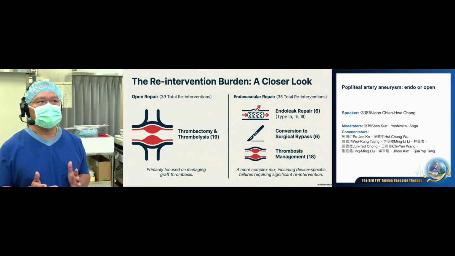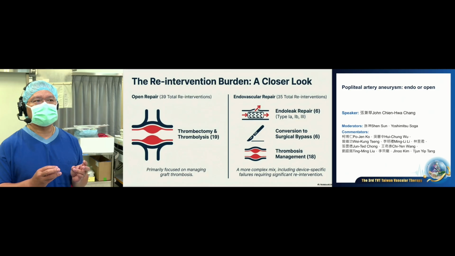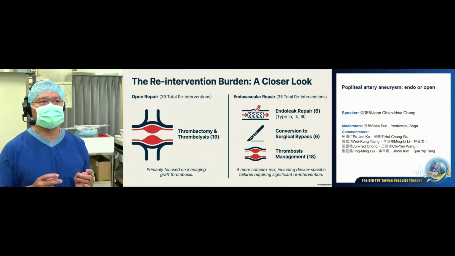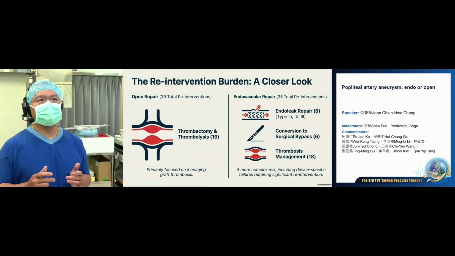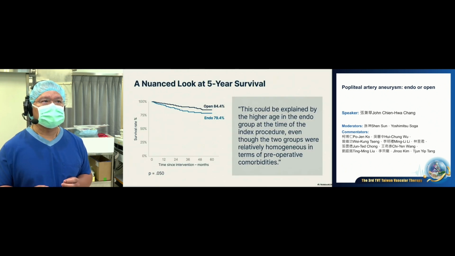Reintervention in the open group is mostly for graft thrombosis, so we do thrombectomy or thrombolysis. But in the endo group, there may be endo leak or stent thrombosis to manage, or the patient should convert to bypass surgery.